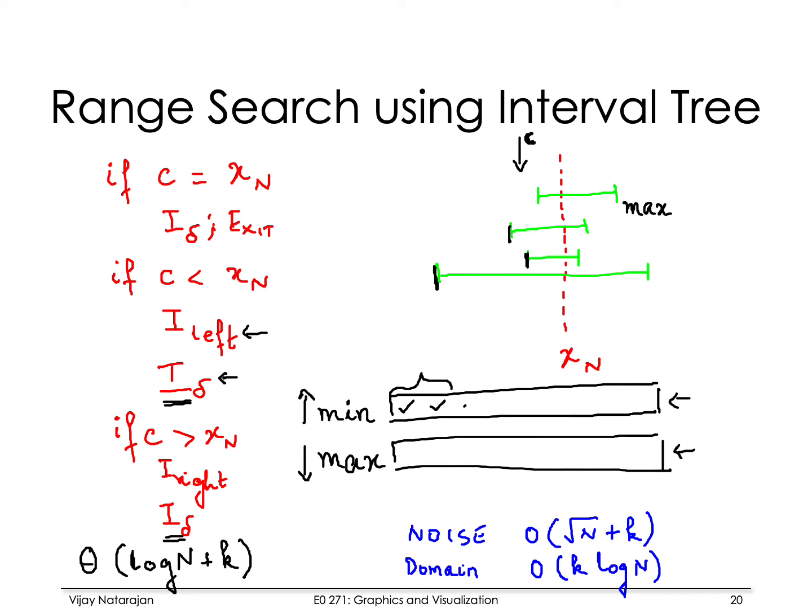So in fact, some of these endpoints coincide with each other. So if h is the number of unique endpoints, then we actually have a runtime which is O of log h plus k. Here h is the number of unique endpoints.